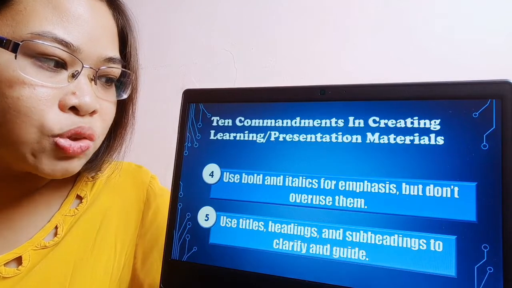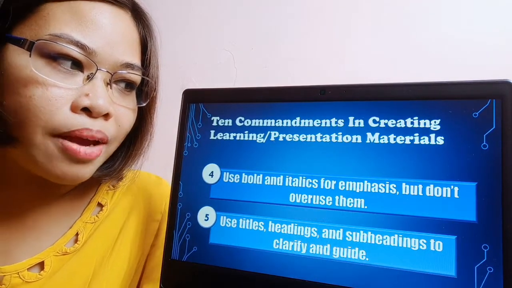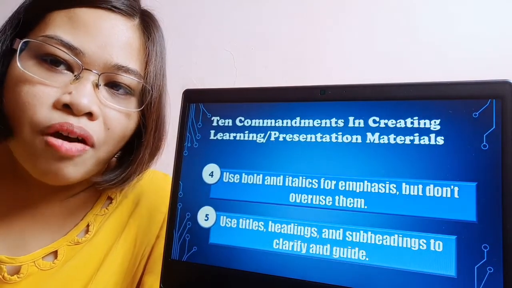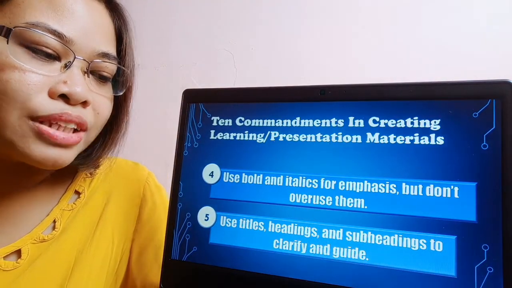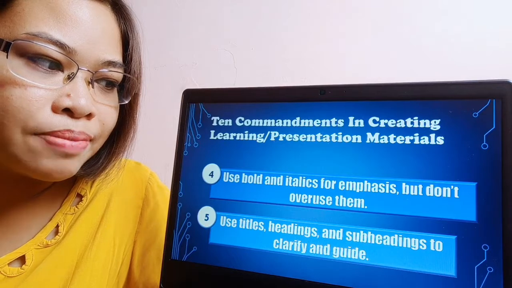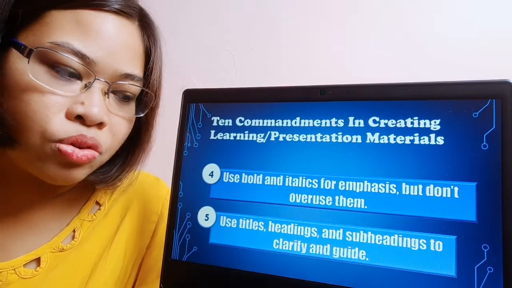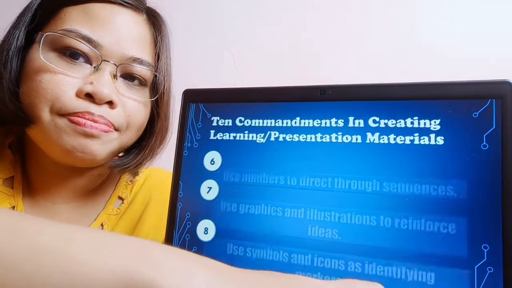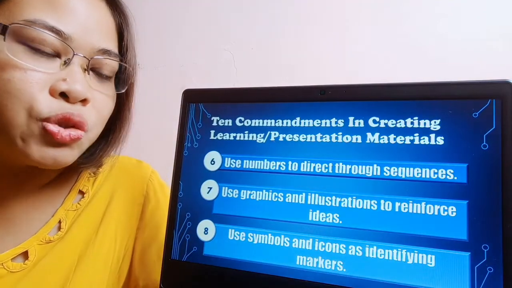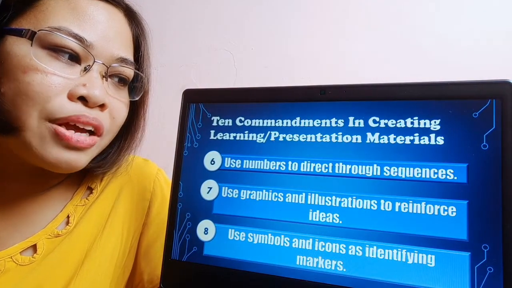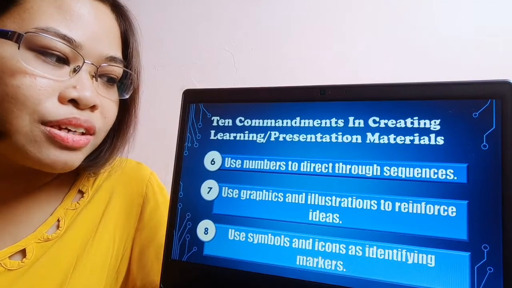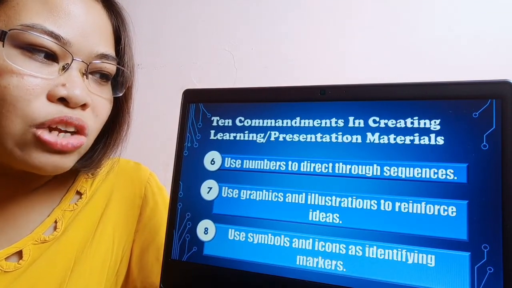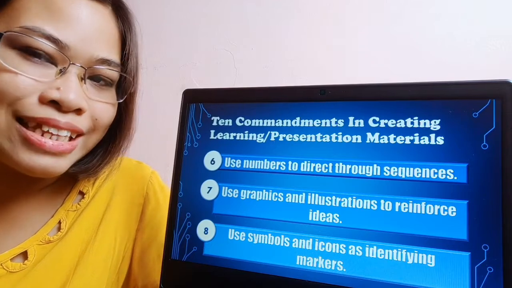Number four, use bold and italics for emphasis, but don't overuse them. Number five, use titles, headings, and subheadings to clarify and guide. Number six, use numbers to direct through sequences. Number seven, use graphics and illustrations to reinforce ideas.